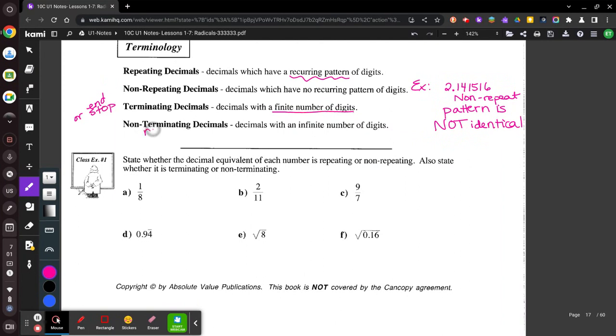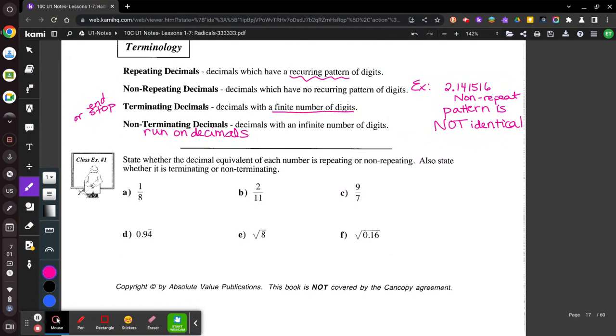Non-terminating decimals are the run-on decimals. Remember there are two different kinds of non-terminating: the run-on non-terminating, but we also have repeating decimals that also don't terminate because they run on forever.